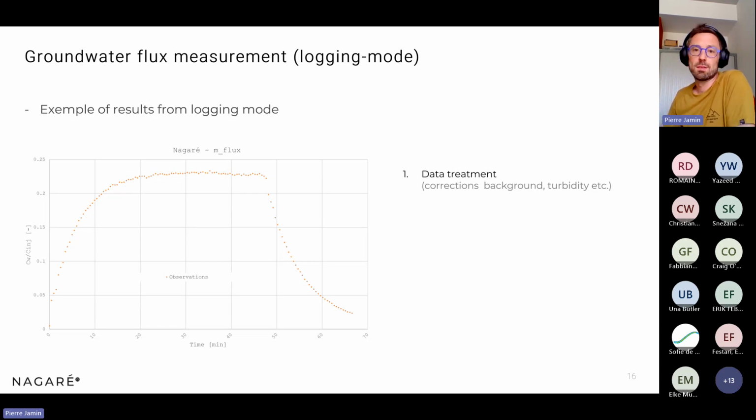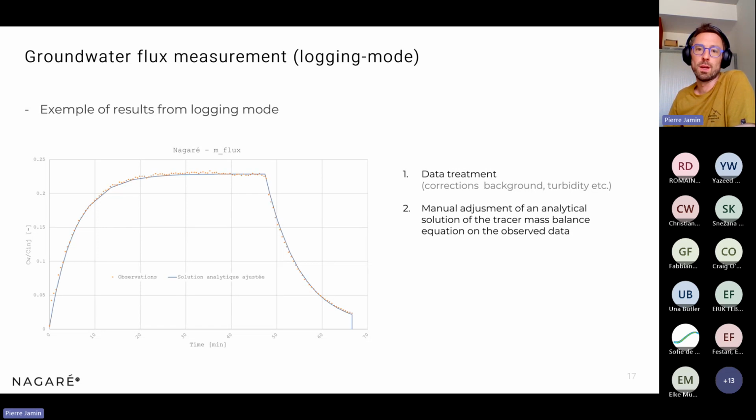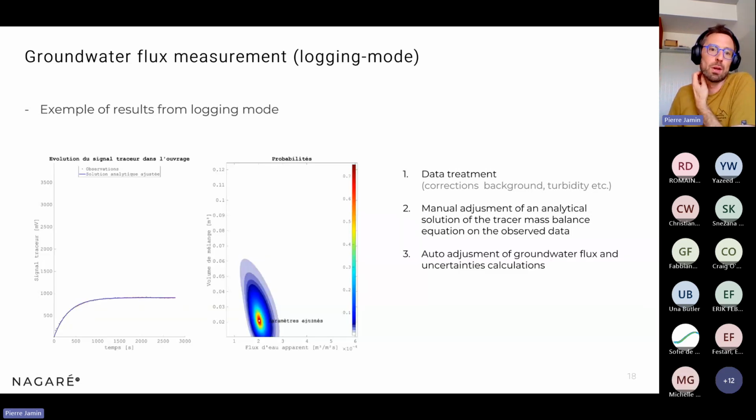So we interpret that curve with an analytical solution that we can adjust manually the groundwater flux in the aquifer to fit the analytical solution to the observed value. And we also have a code that automatically adjusts the groundwater flux and also estimate the uncertainties around the adjusted groundwater flux.